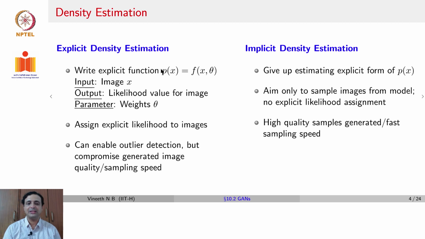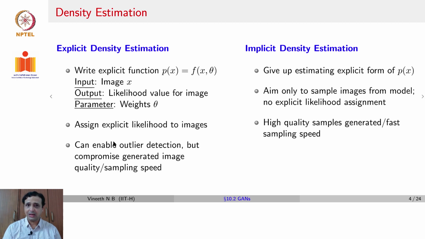For example, you may say P of X is equal to f of x, theta, where f could be a Gaussian function in the case in which you assumed a Gaussian distribution for the density. In this case, the input would be image X, the output P of X would be the likelihood value for image X, and the parameters would be the weights theta, which define the function that you've assigned for the density.